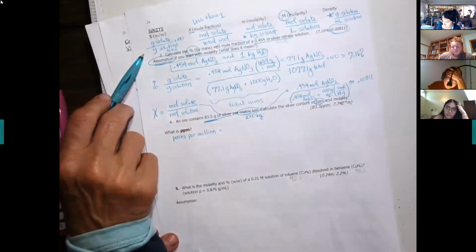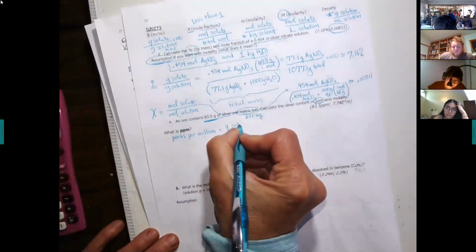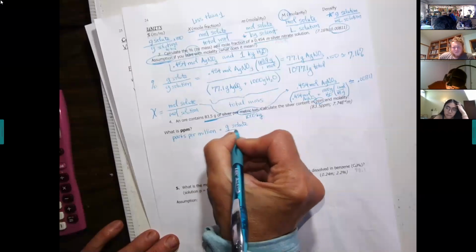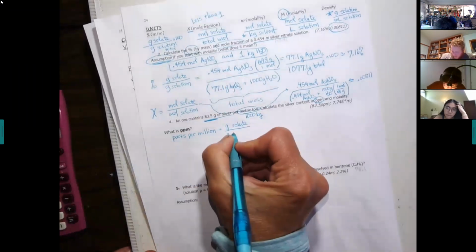All right. So parts per million work the same as a percent, that it's the mass of your solute, but a percent is always, you think of it as a million. You can think of it as the same as this. So this would be over our grams of our solution. I'm going to show it to you this way first, times a million.